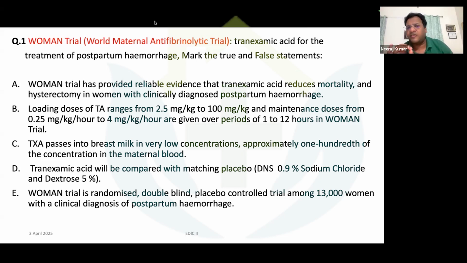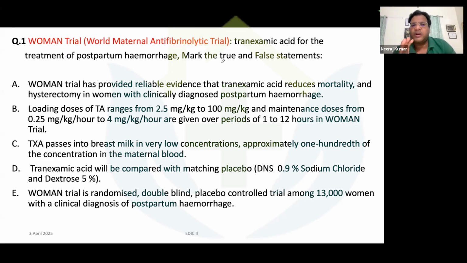This is a question related to the WOMAN trial, one of the famous trials used for checking the effectiveness of an antifibrinolytic drug, especially tranexamic acid, in the treatment of which kind of patient? For postpartum hemorrhage. So whether tranexamic acid is useful for the treatment of PPH. You have to mark the true and false statements. All of you participants, what you feel is right, you can mark in your chat box.